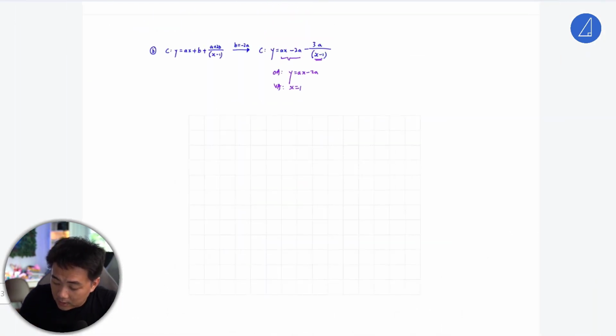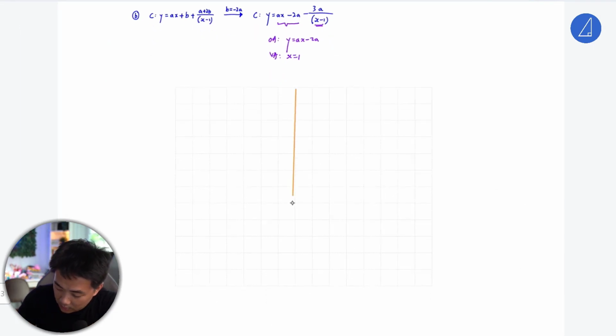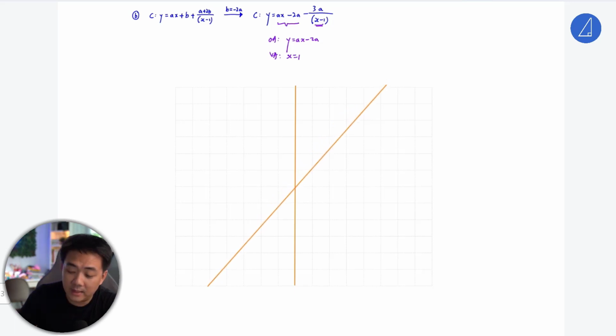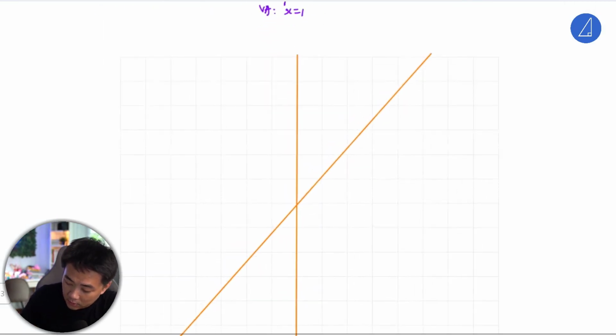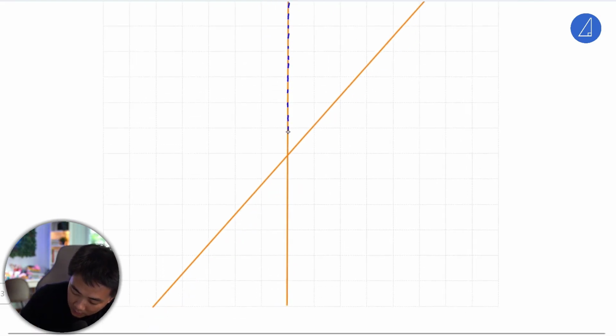For a rational function, what I usually tell my students to do is just draw the vertical asymptote and also the oblique asymptote first. You draw your x and y axes later. Essentially, you just draw x equals 1. It doesn't matter because you can adjust the axes later. So we just draw this out.